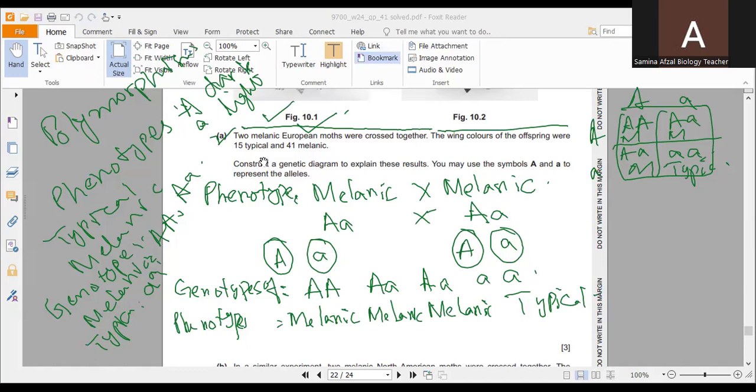So we can see that the ratio is 3:1, 3 melanic to 1 typical.